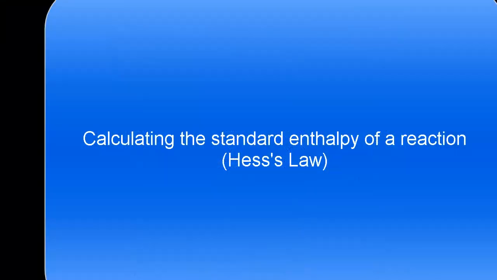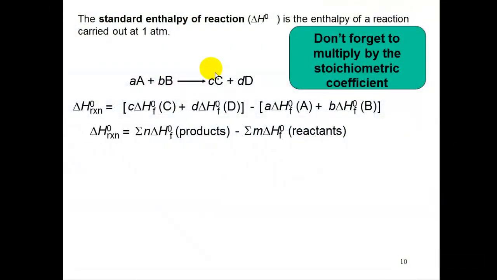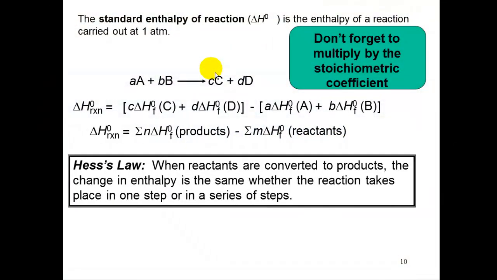So where does this come to utility? It comes in when we're talking about the standard enthalpy of formation, the delta H of a reaction. So notice that naught symbol. You have to be keenly aware that it's delta H naught of a reaction, and the delta H of that reaction under standard state conditions is the sum of the products minus the sum of the reactants. This n and m have to do with the coefficients of a balanced chemical equation. So you always have to balance your chemical equation.